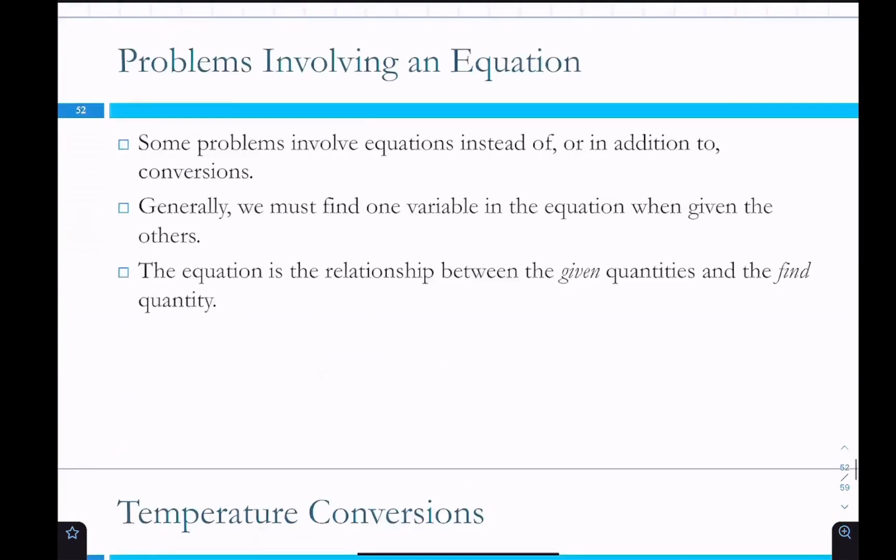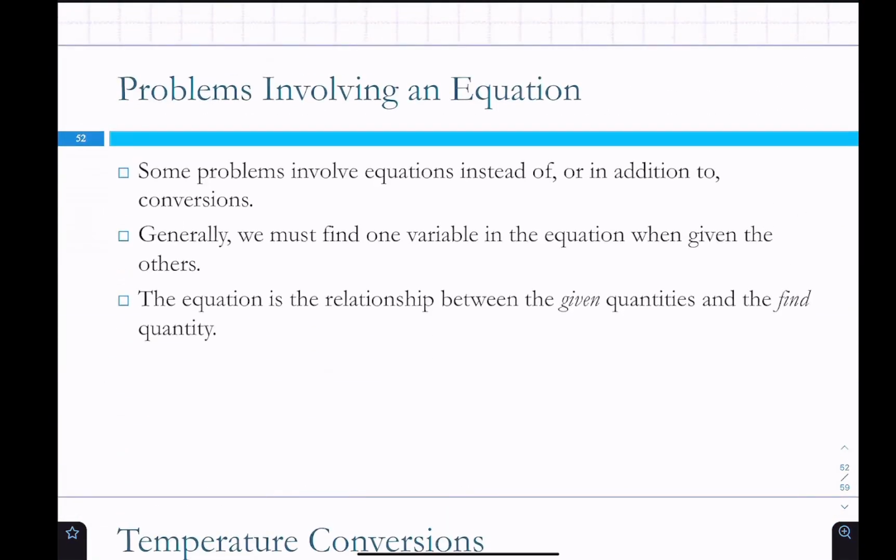Okay. All right, so problems involving an equation. So we'll come back to 51. I'll give you guys some time. Yeah, I think we're just going to have to push the lectures back by half. Because we're not going to finish this and then have time to do anything with the next section because it's almost, well, it's 6 o'clock right now. So to give you guys some time. What?